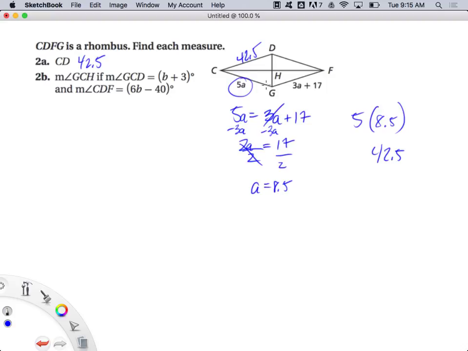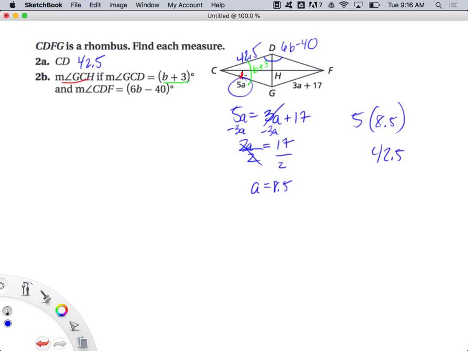Now, it says find angle GCH. Let's see, GCH, that's this angle right here. If angle GCD is b plus 3, so this whole thing is b plus 3, and angle CDF, this whole thing here, is 6b minus 40.